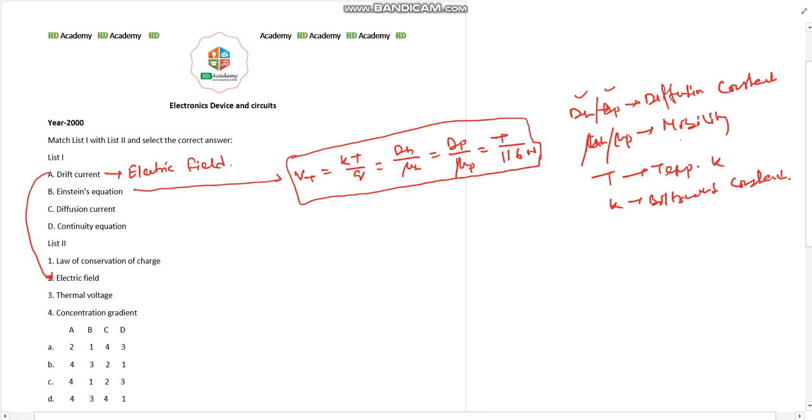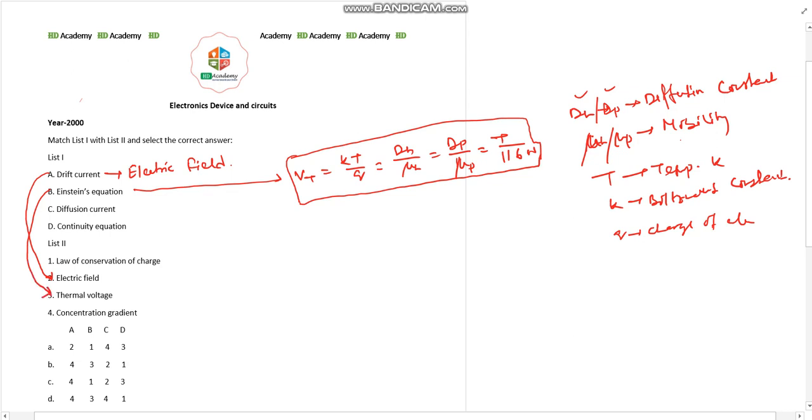And q is the charge of an electron. So the Einstein equation is related to thermal voltage, option 3.